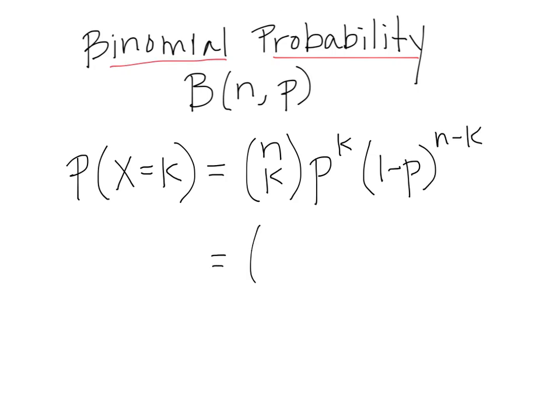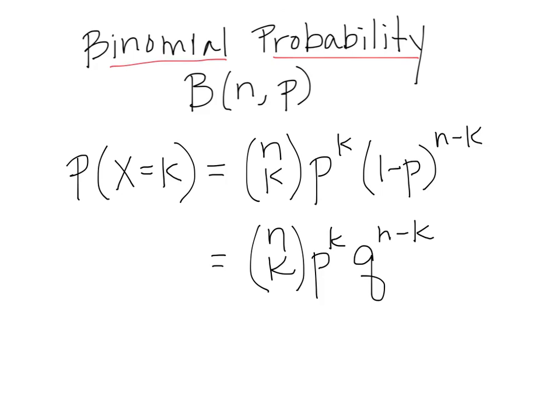The other way this can be represented, not only with the various notations for the combinations, but sometimes you will see q used to represent the complement of p rather than 1 minus p.